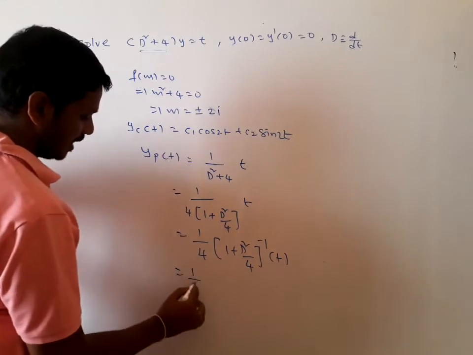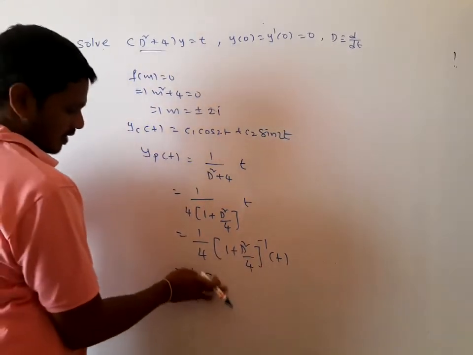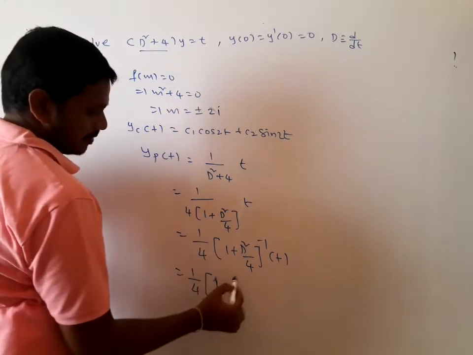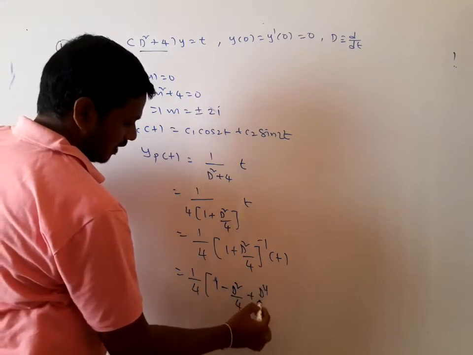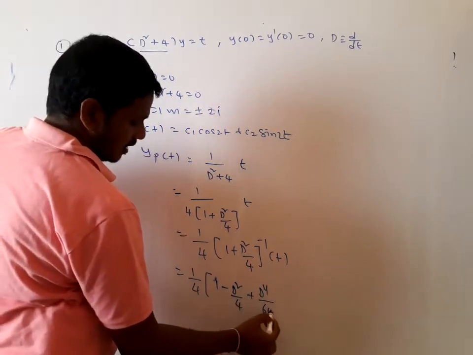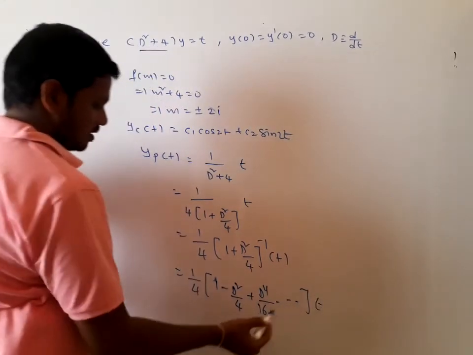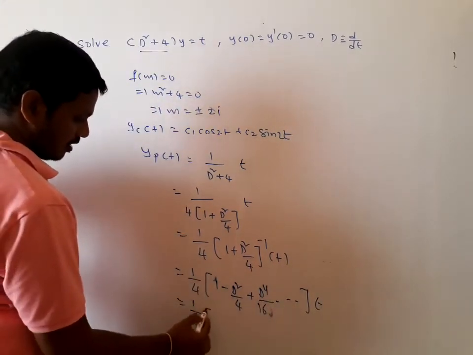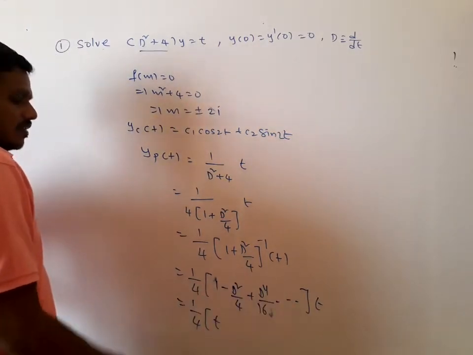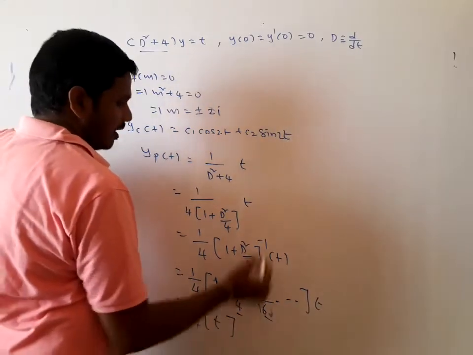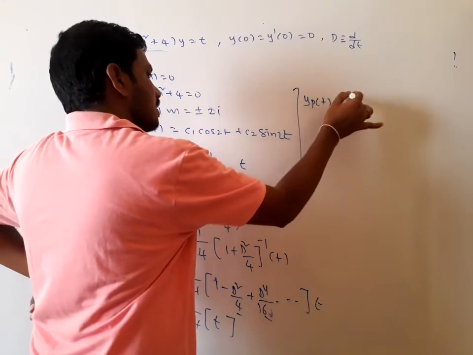Expanding by the binomial expansion: 1 minus D square by 4 plus D to the power of 4 by 16, and so on, alternately positive and negative, into t. Multiplying with t, 1 by 4, the second derivative of t is what? First derivative is 1, second derivative is 0, every further term becomes 0, only t by 4 we have. So yp of t is equal to t by 4.